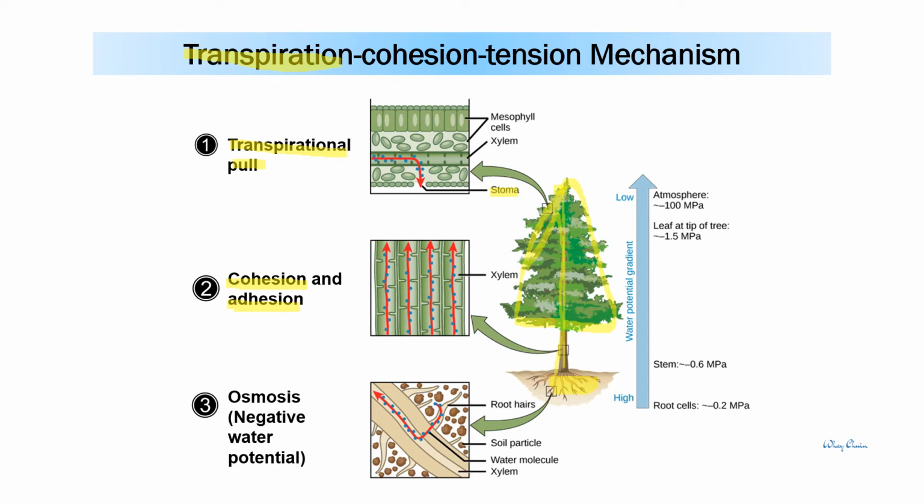The third is osmosis, which is the type of water movement down water potential gradients. It means that the water can move from high water potential to low water potential.